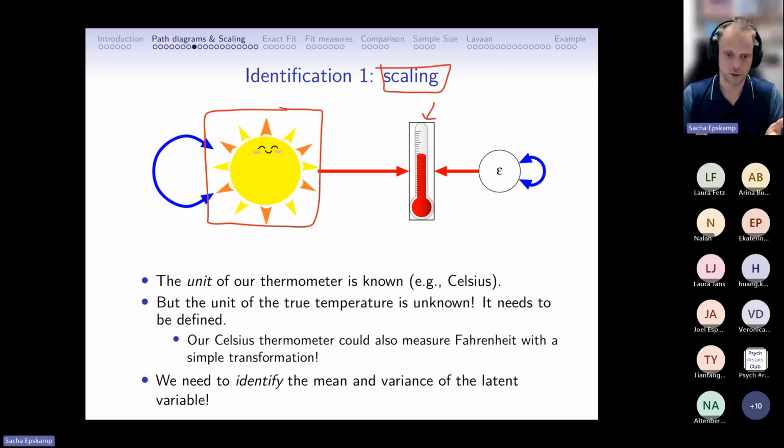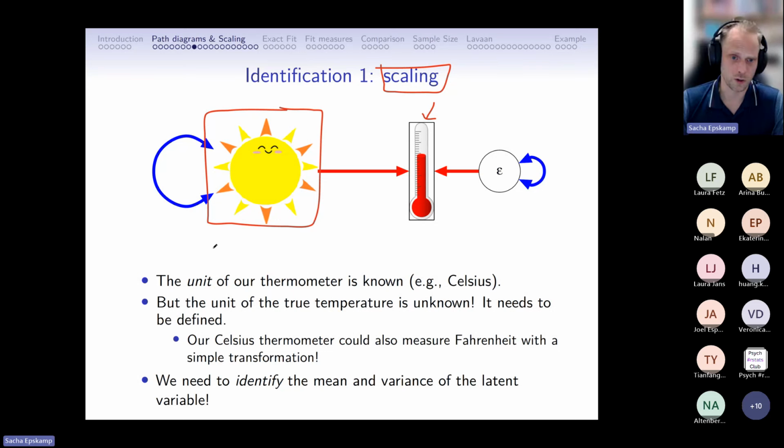That's the unit of the thermometer. But I can have another thermometer and it's in Fahrenheit. If I use both thermometers, I'm measuring the same thing, this temperature. The temperature in the real world doesn't have a unit or anything, right? So I can define it in any way. And then I can find some way in which it translates to my thermometer.